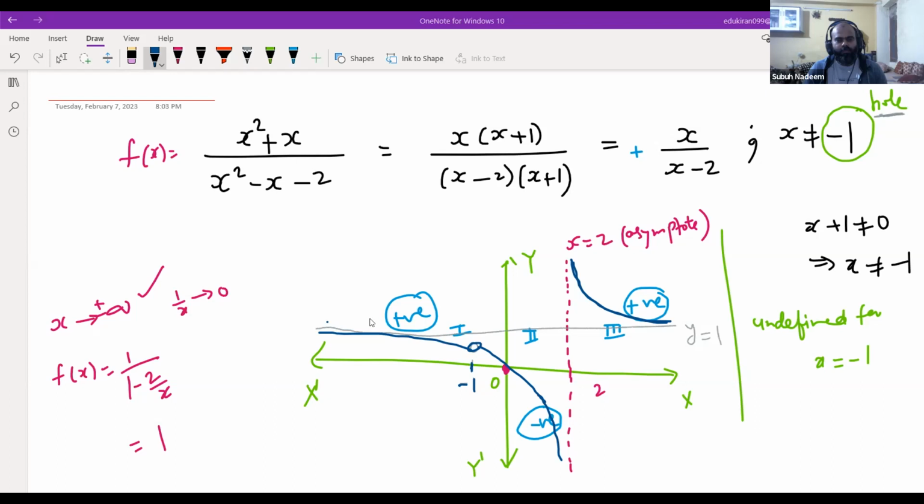Sir, so I should just write that there is no hole in his graph, right?